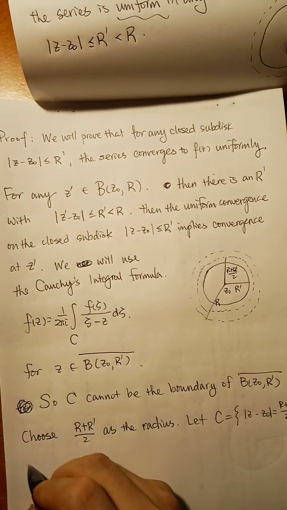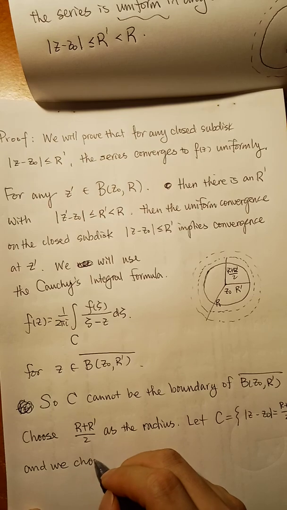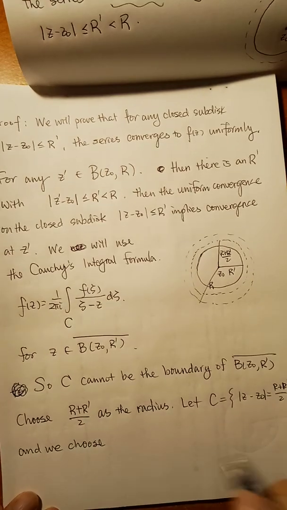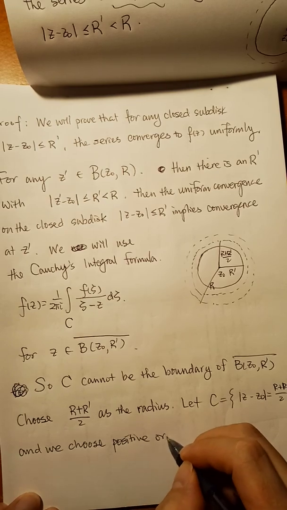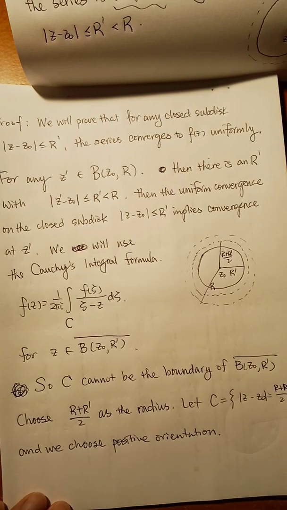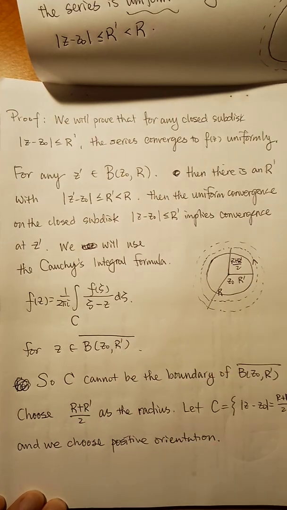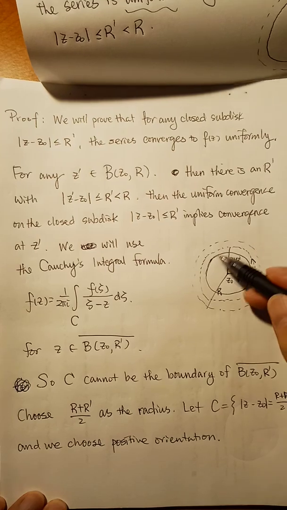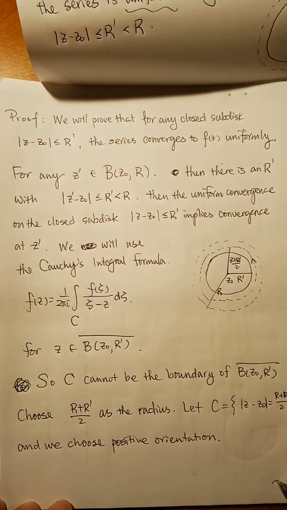And of course we choose counterclockwise orientation, or here we just say positive orientation, or the direction. Okay, right? So it's this way. So C is going to be this curve.